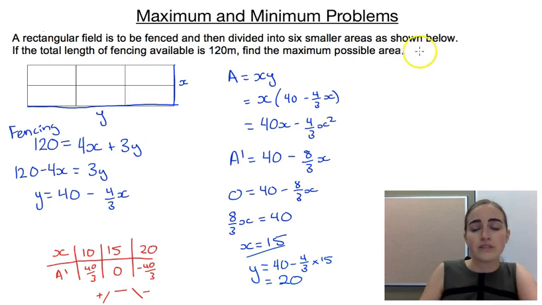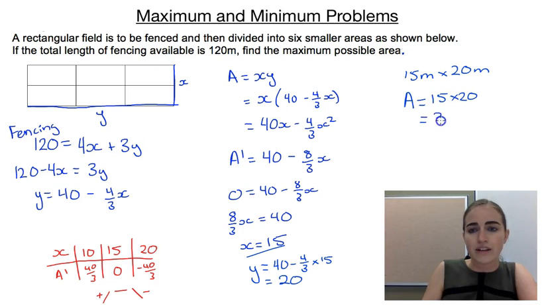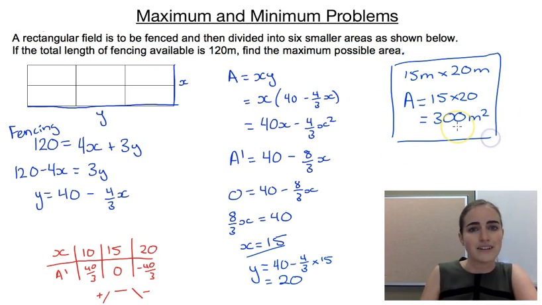So we know that the maximum area is going to occur with dimensions 15 metres by 20 metres, but the question's asked us to find what the possible maximum area is. So our area would be equal to 15 times 20, which would give us 300 metres squared. So our maximum possible area is 300 metres squared for this problem.